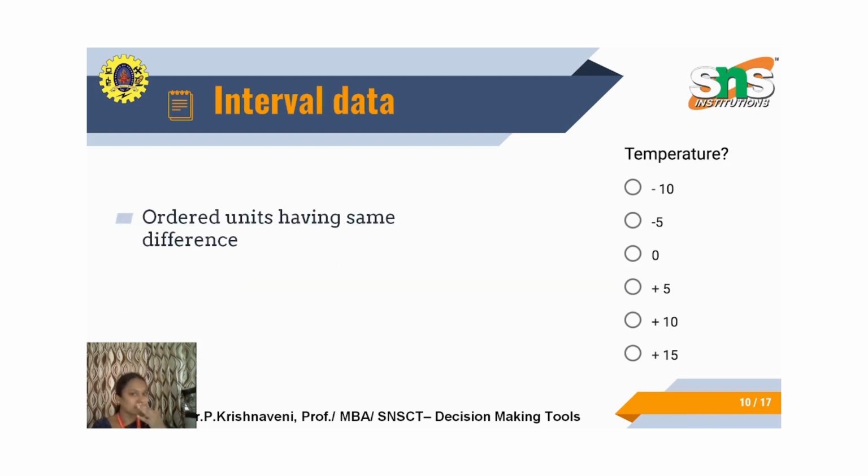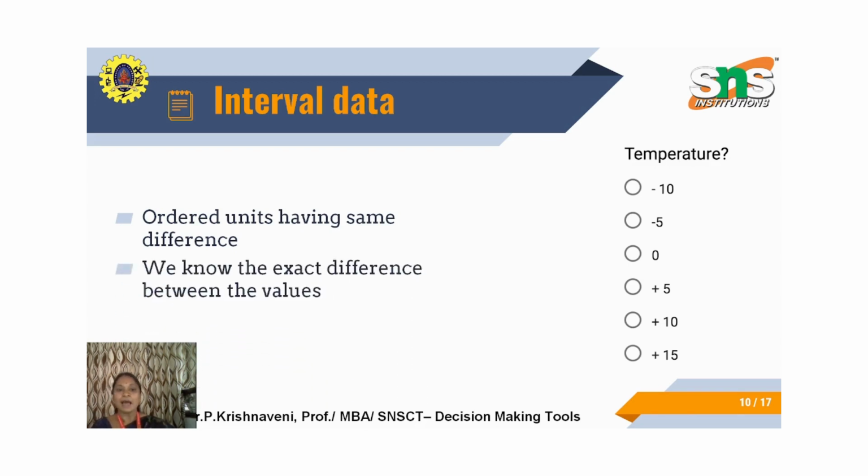Equal units have the same difference between them: between -10, -5, 0, the difference is 5. So the units have the same differences. We can understand the equal differences among the intervals, but it doesn't have a true zero value.